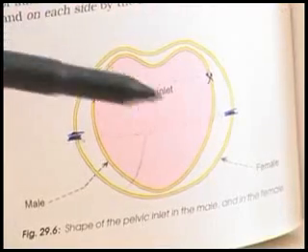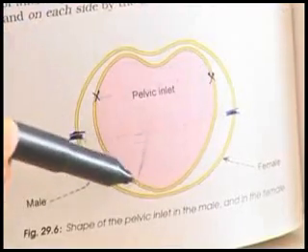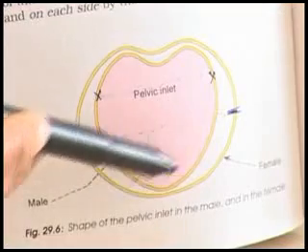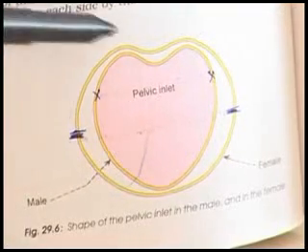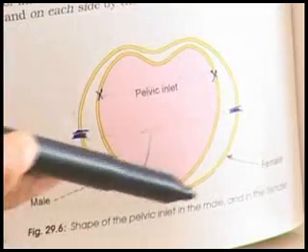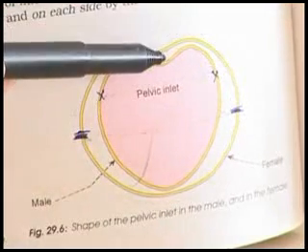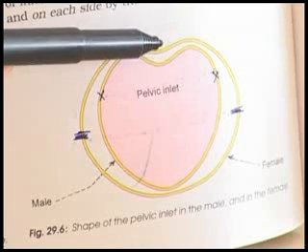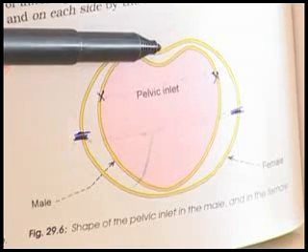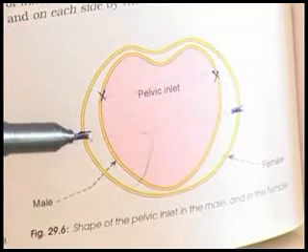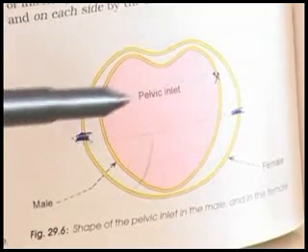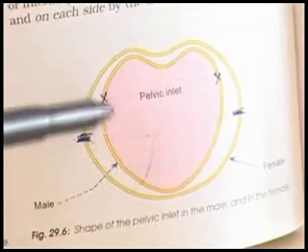The figure shows the shape of the pelvic inlet. In females, the pelvic inlet is wider, the indentation by the sacrum is less, and the widest diameter is placed anteriorly. In males, the shape of the pelvic inlet is heart-shaped.